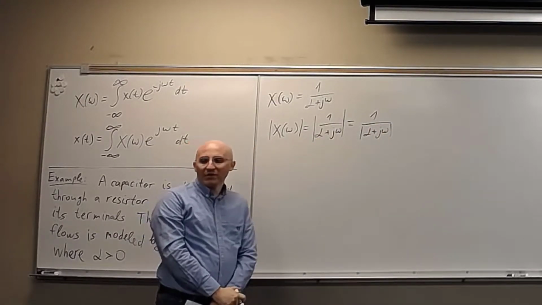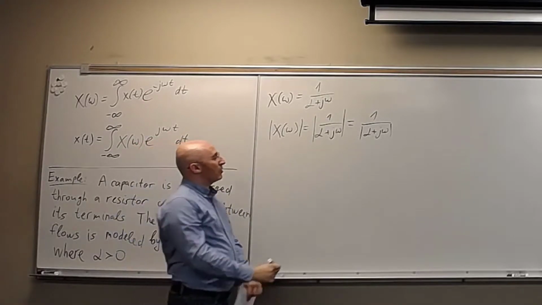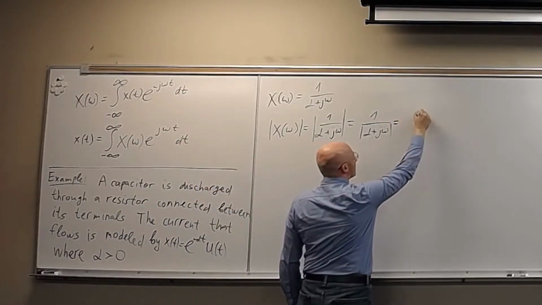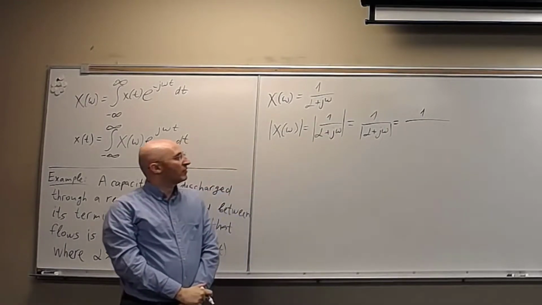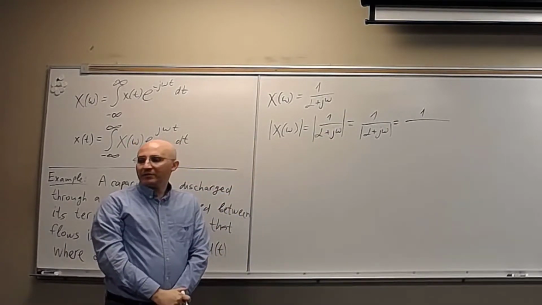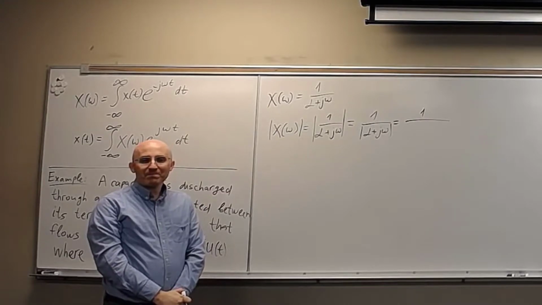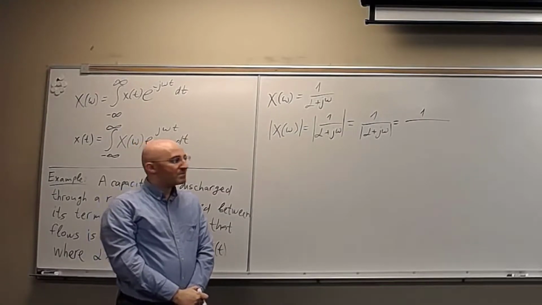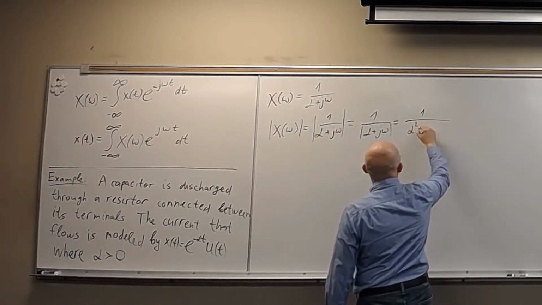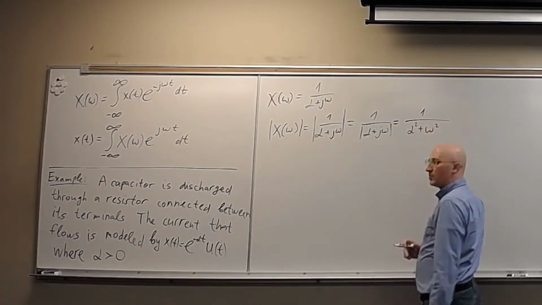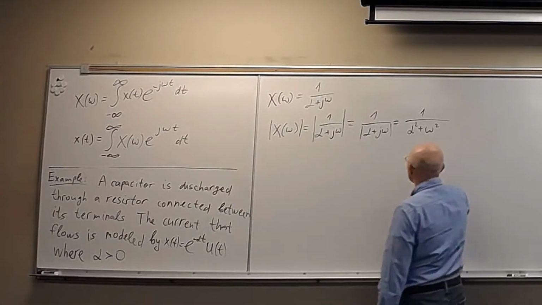Because the absolute value of 1 is 1. Now what is the absolute value of alpha plus j omega? It's alpha squared plus omega squared, and square root of that.